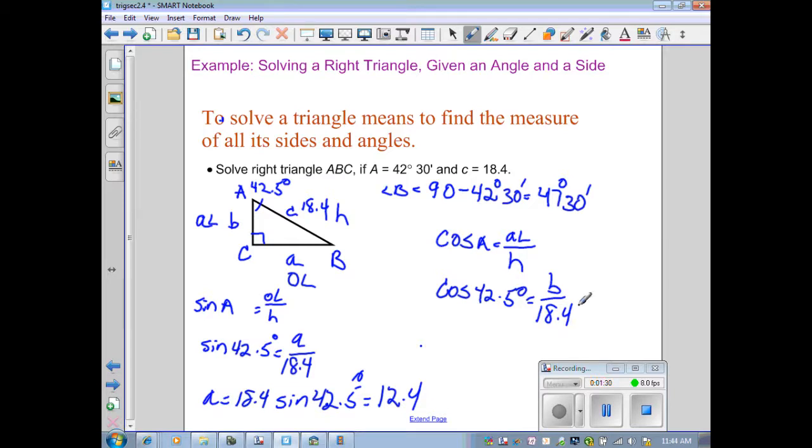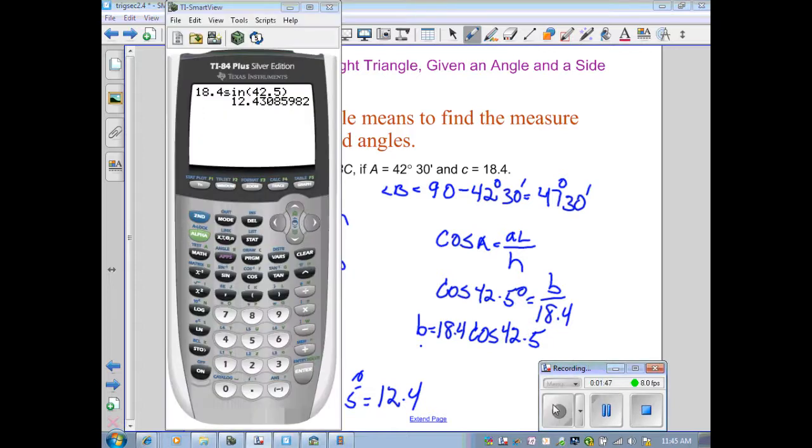As before, I just multiply both sides by 18.4, giving me my equation B equals 18.4 cosine of 42.5 degrees. Now I just put that equation into my calculator, 18.4 cosine 42.5 degrees.